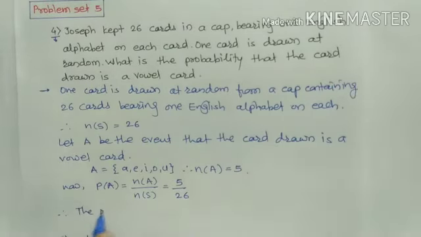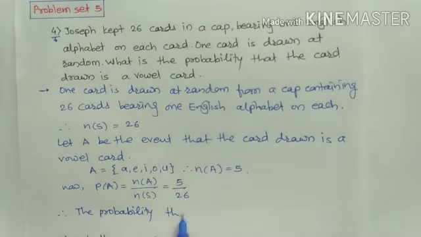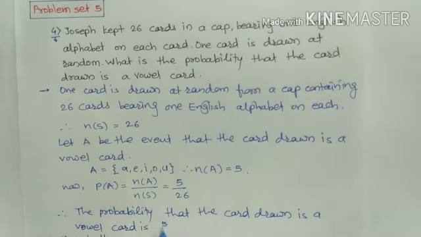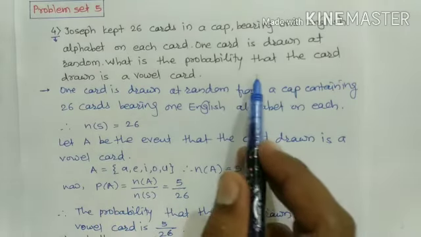Therefore the probability that the card drawn is a vowel card is 5 upon 26. In this way we find the probability of the asked event.